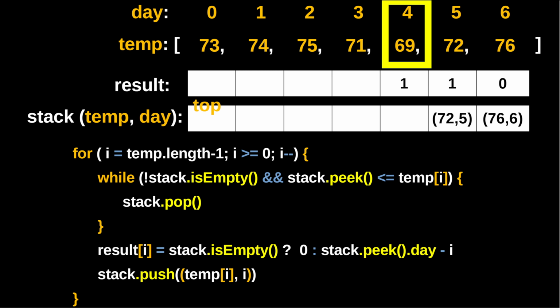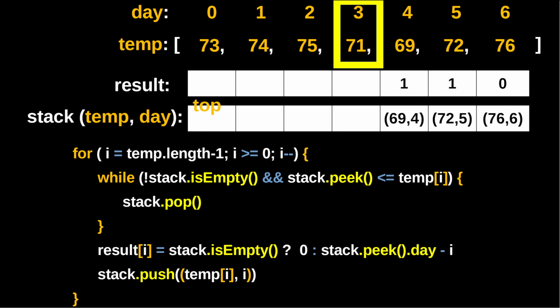The next item is 69, which is also smaller than the top of the stack at 72. So again, we do the subtraction, taking 5 minus 4, and we get 1. So results[i] is 1, and we push the tuple 69, 4 onto the stack. Because we are looking for a higher temperature, we are making a stack where the temperature is decreasing. The next value is 71.